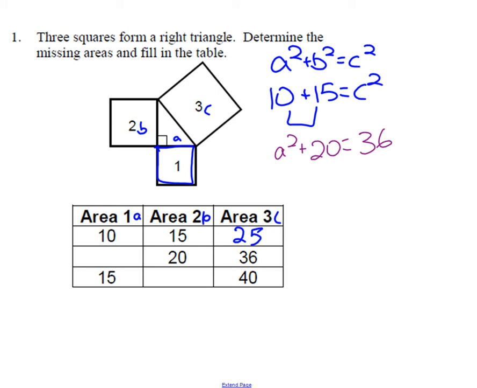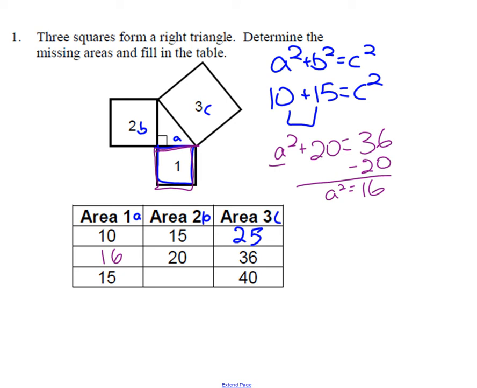So this number for a plus 20 has to equal 36. So if we didn't know that was 16, we could subtract by 20, and we would see that a squared is 16. And no, we're not taking the square root of it because it's not asking us what the side length is. It's asking us what is the entire area.